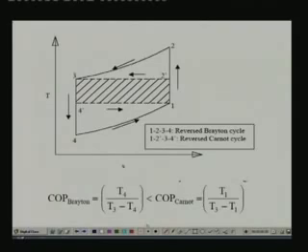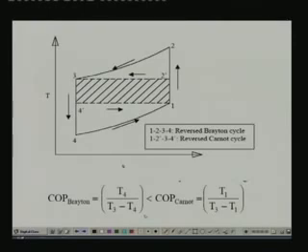Process 2 to 3 and 4 to 1 are isobaric processes, process 1 to 2 and 3 to 4 are isentropic processes, okay. And if I am fixing the terminal temperature of the hot and cold heat exchanger, that means if I am fixing the temperature at point 1 and the temperature at point 3, then 1, 2 dash, 3, 4 dash will be a Carnot cycle which has the same terminal heat exchanger temperature as that of a reverse Brayton cycle, okay, right.